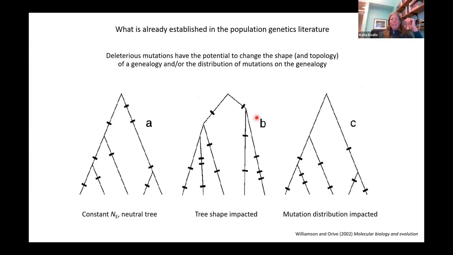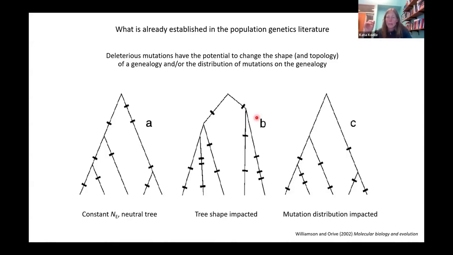To ask that question, we first wanted to look again at the population genetics literature and see how weakly deleterious mutations and incomplete purifying selection have been looked at in terms of changing the shape of trees and their topologies, as well as the mutation distribution on trees.